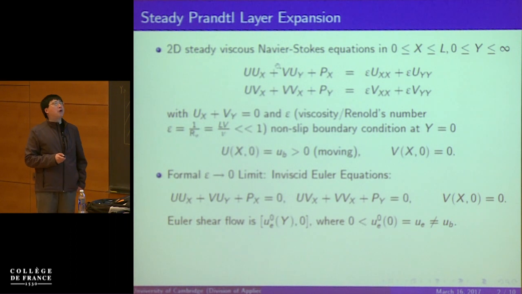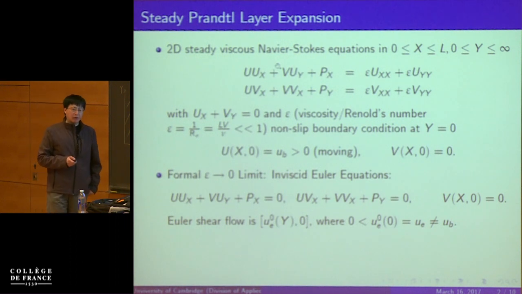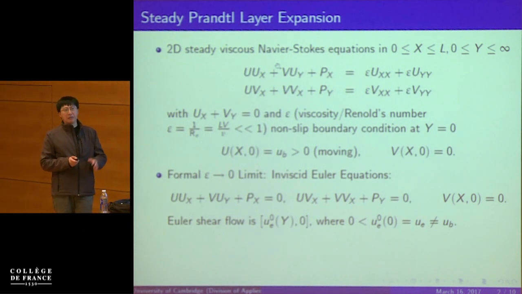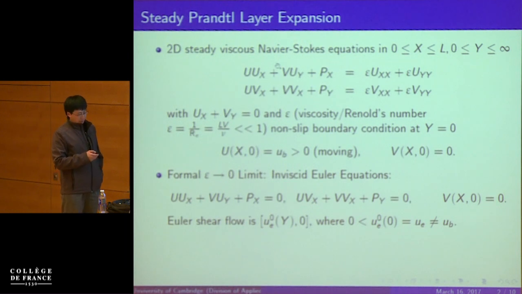By the way, the Euler flow is usually referred to as an equation describing an ideal flow. So indeed, there is a mismatch between a real flow and an ideal flow.